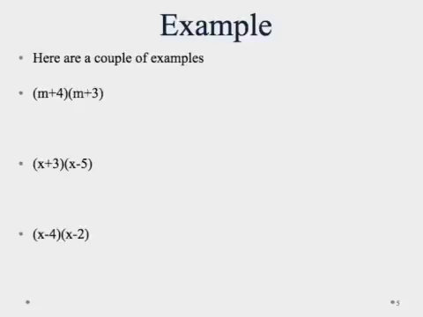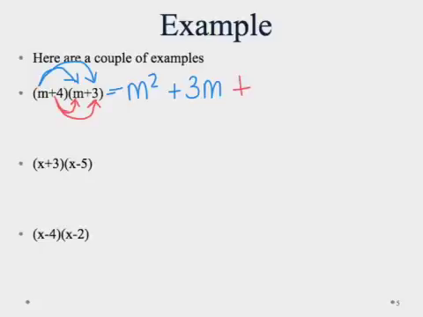We're going to do m times m and m times 3, and we're going to get m squared plus 3m. Then we're going to do 4 times m and 4 times 3. 4 times m gives us 4m, plus 4 times 3 gives us 12.